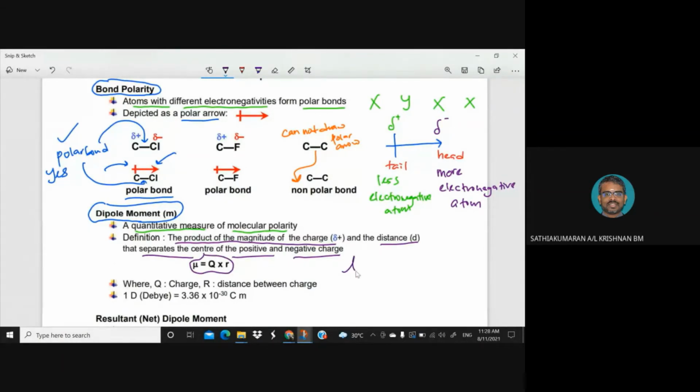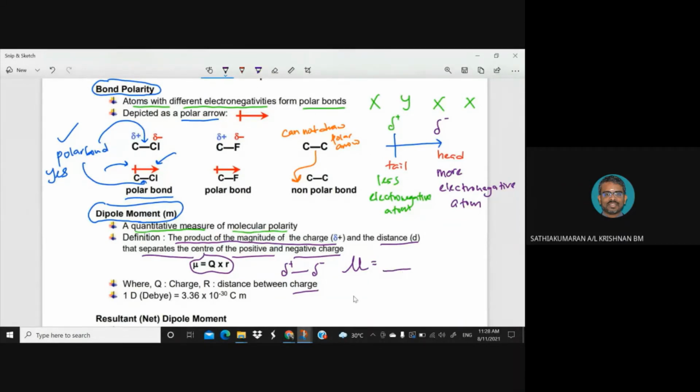We call it mu. Q is the charge, r is the distance. This is the formula. Q is the charge, r is the distance between the charges, meaning between delta positive and delta negative. And you will get a value.